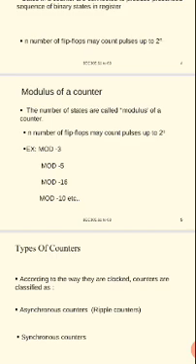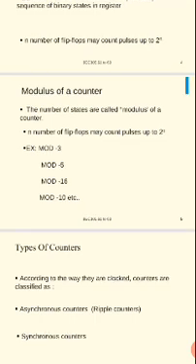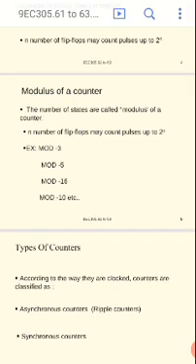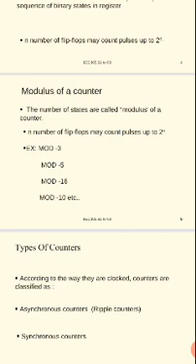Types of counters. According to the way they are clocked, counters are called asynchronous counters and synchronous counters.